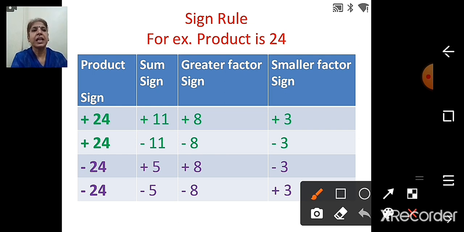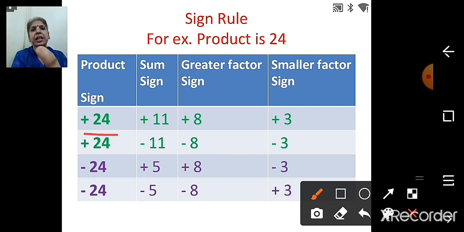Okay, now let's understand the table. First one is product sign, and our product is 24. Next is sum sign and the two factors. One will be the greater factor, one is the smaller factor, and their signs. Now the product is 24, so the sign can be positive 24 or negative 24.